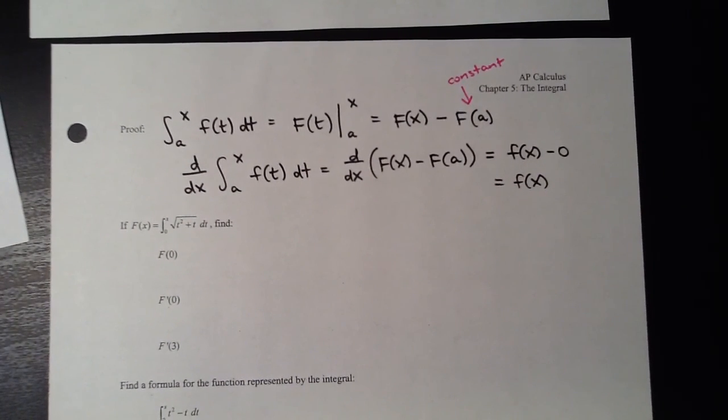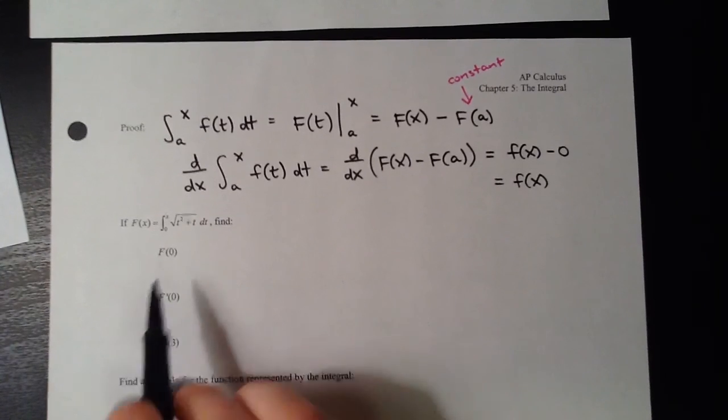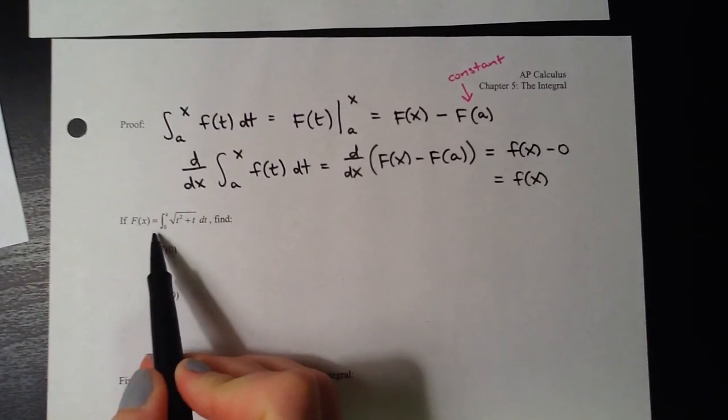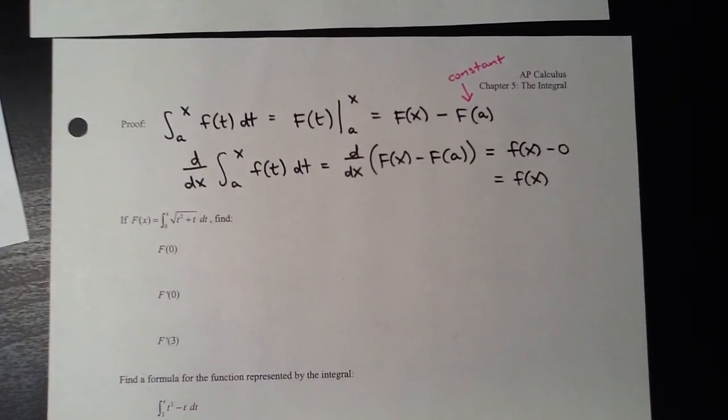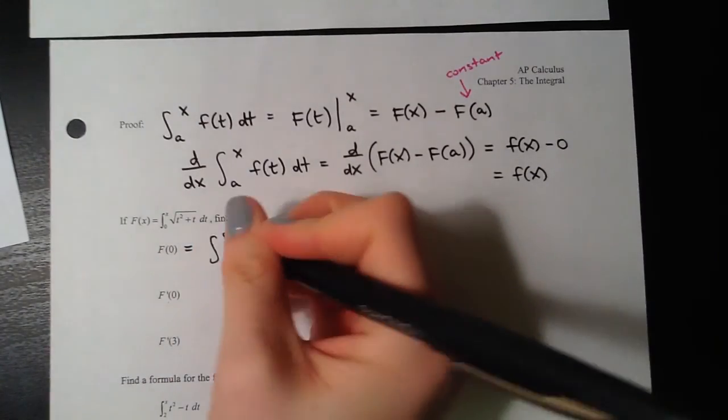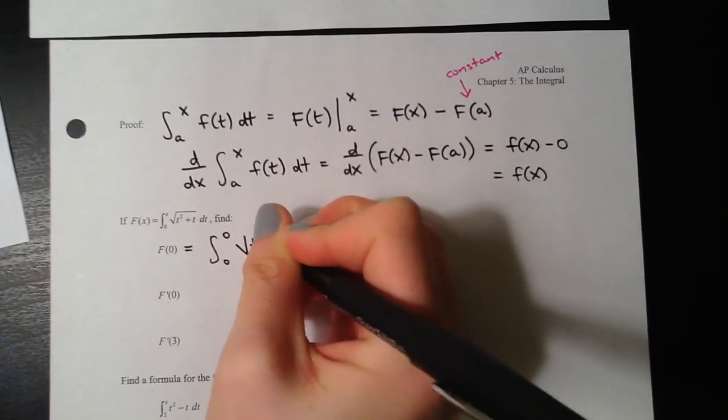It's kind of a big deal because there are many functions that we can't take the antiderivative of, such as the example that we're looking at right here. If I want to know f of 0, I'm going right into this function, and I'm going to plug in 0 for x. So the integral from 0 to 0 of the square root of t squared plus t.